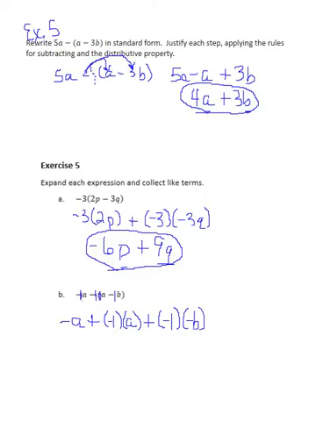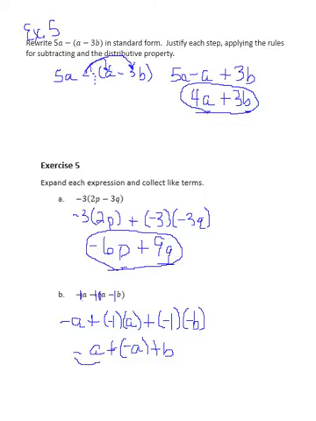Okay, let's go through, do our multiplications again. So we have negative a plus a negative a plus, and that's going to make it a positive b, right? Because we have a negative 1 times a negative b, and he becomes a positive b. All right, now we can combine some like terms.